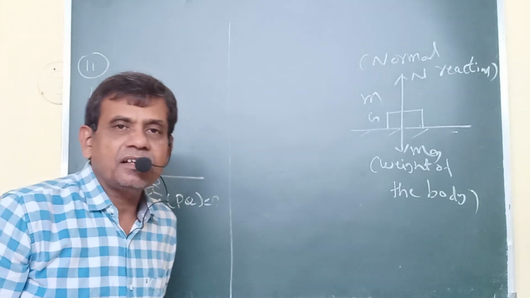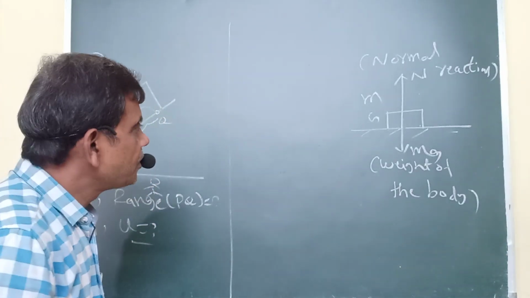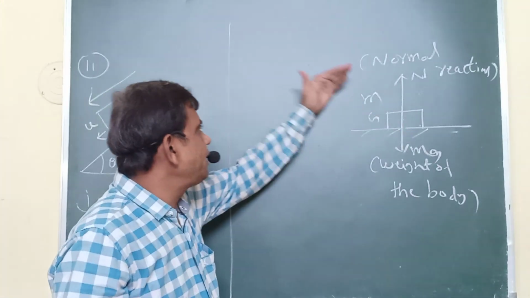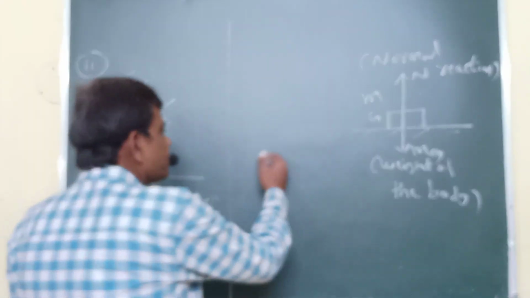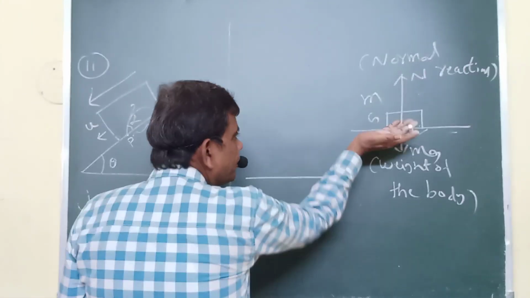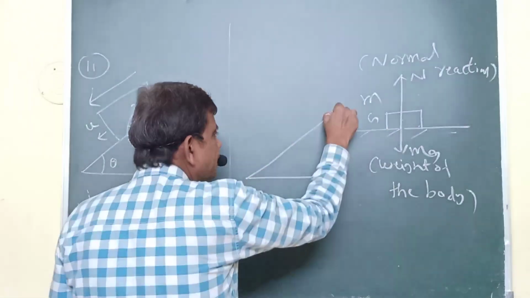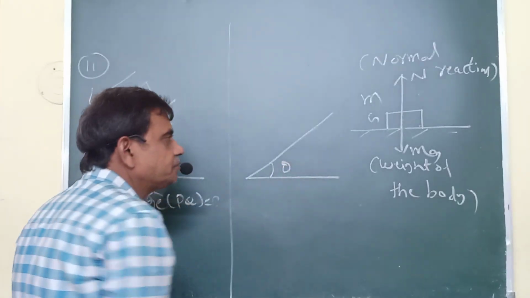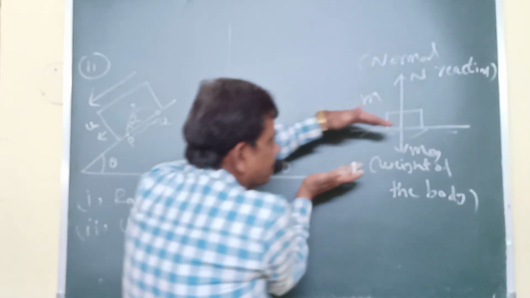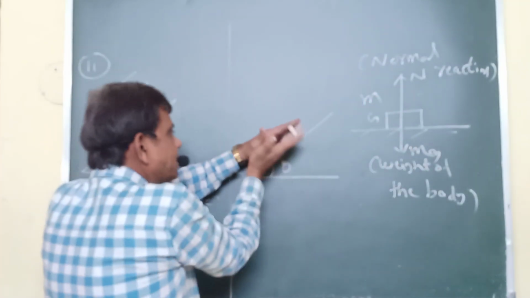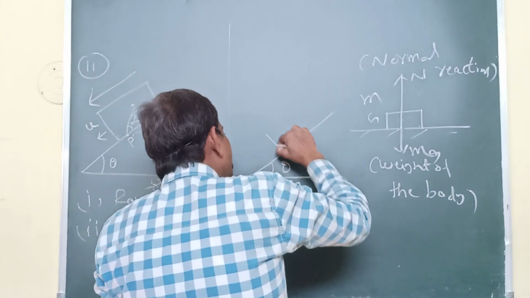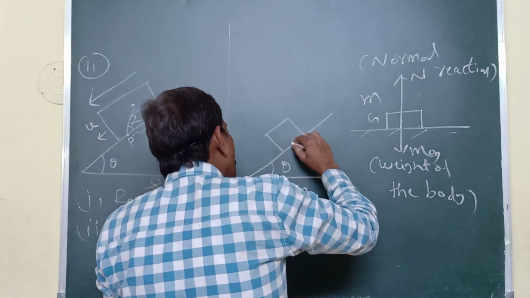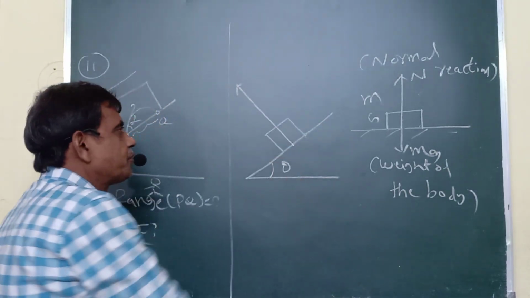If the body is on the horizontal plane, and the same plane is just bent like this, this plane is inclined at theta. Then it comes to like this. So now this is the normal reaction.